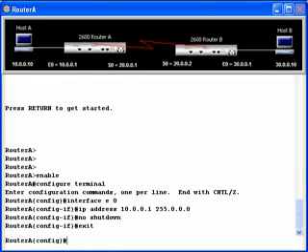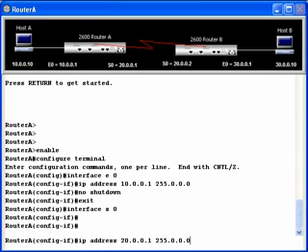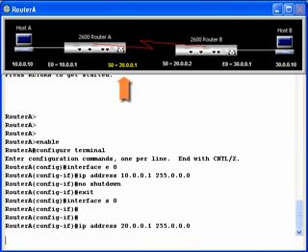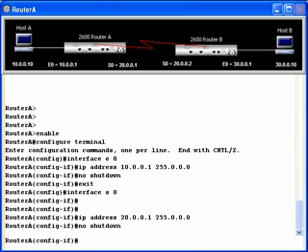Exit, entering serial 0, assigning IP address to it, no shutdown. By default, all interfaces are shut down. We enable any interface by using the no shutdown command. Exit.